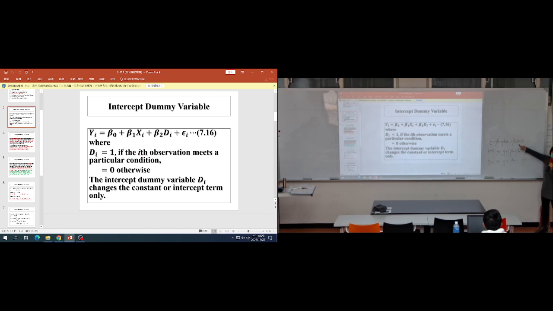Therefore, we say this dummy variable is an intercept dummy variable. Understand what I'm saying here? Because it affects just the intercept. So this is called intercept dummy variables.